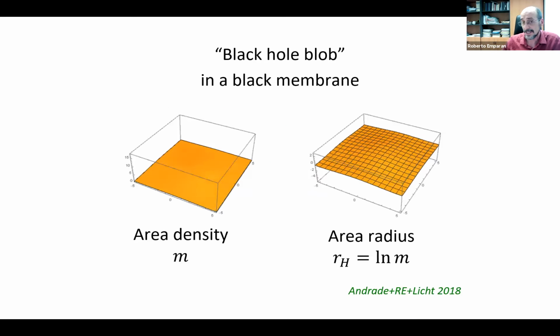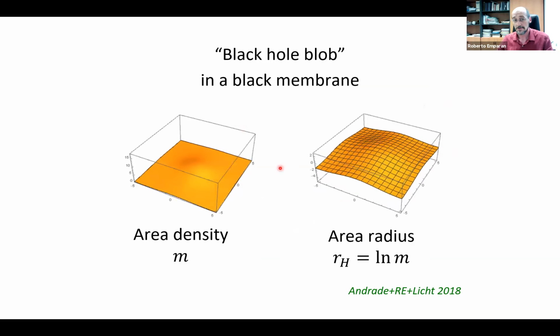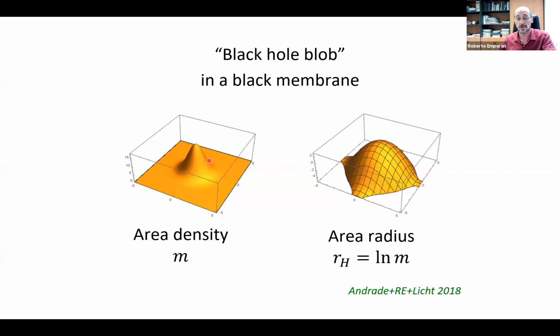You can have this not only on a black string, but also on a black brane. This is an actual evolution of the equations. You perturb the equations in a particular way, and then you find that they localize and form something like black hole blobs, depending on whether you plot the area density or the area radius, which is the logarithm of that.